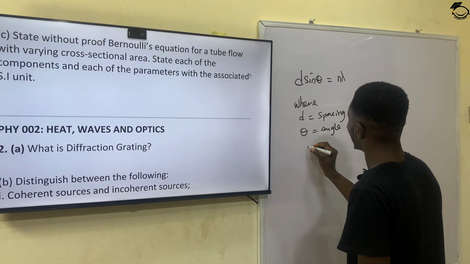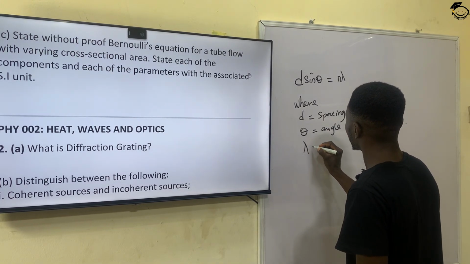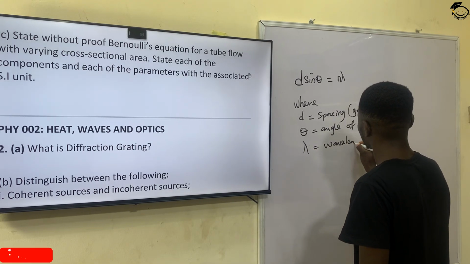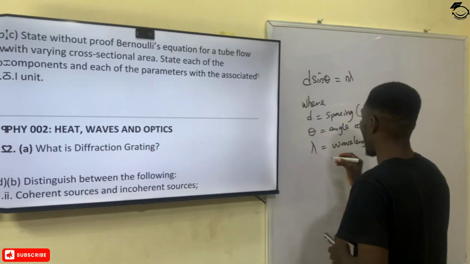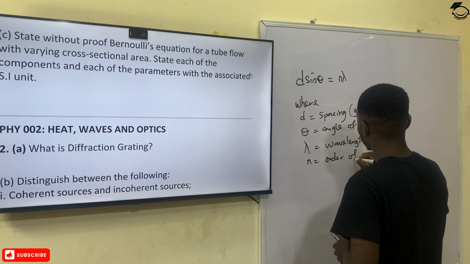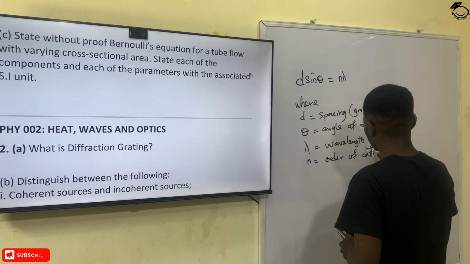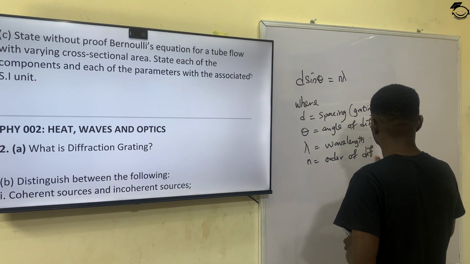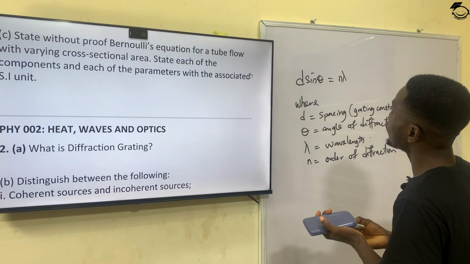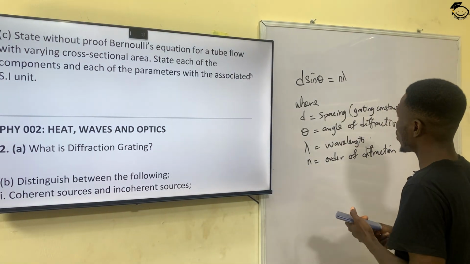We have lambda as the wavelength, and n is our order of diffraction. So this is the formula for the diffraction grating.